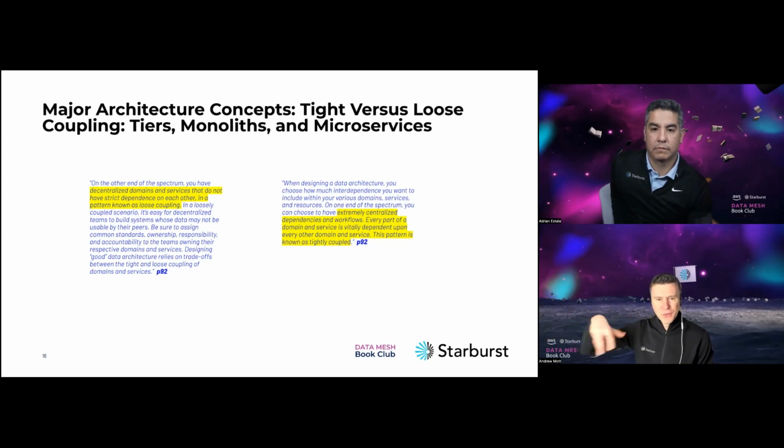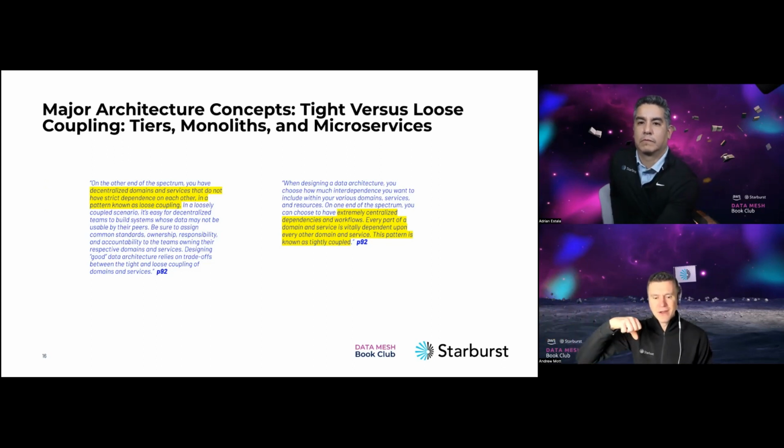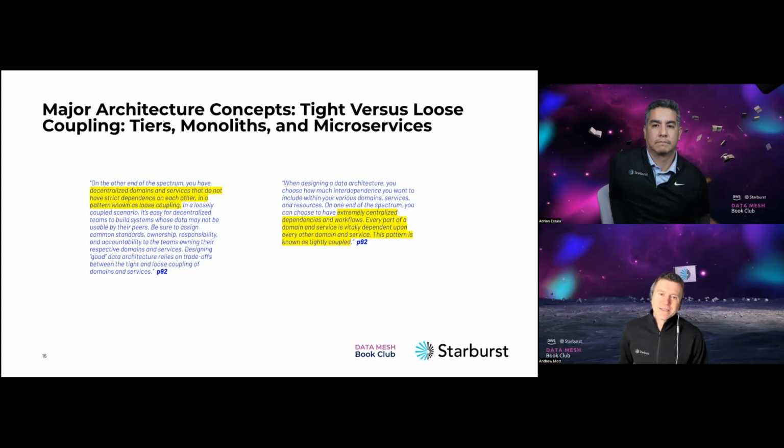Why would we think about microservices wrapping around data? What's the benefit? Sounds cool, but what does that get us? I'm not sure I'm on board with that at this moment in time. That's a controversial statement, I guess.